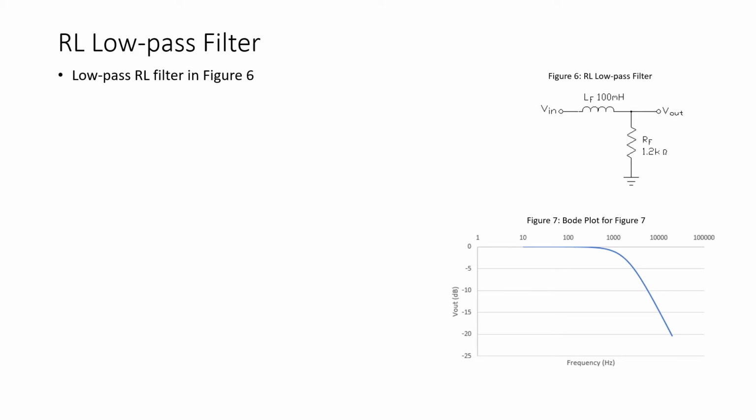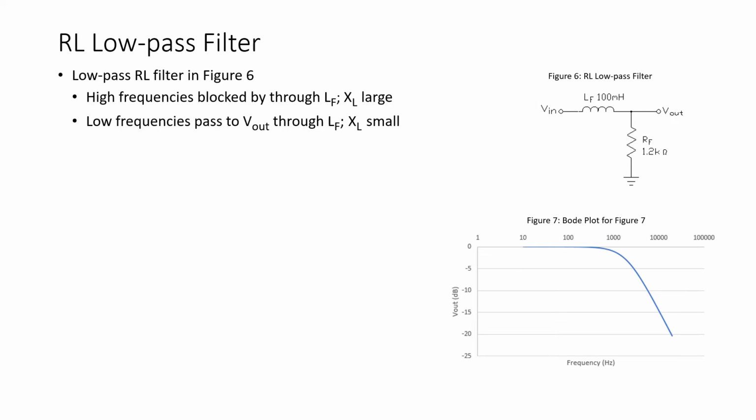Now we see in the circuit of figure 6 a low pass filter that's implemented with an RL combination, an inductor and a resistor. Referring back to the plot of figure 1, we see that at high frequencies X sub L is very large.